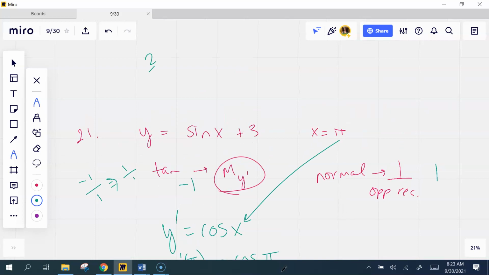Okay, so if I had 2/3, the negative reciprocal to that would be -3 over 2. No, this is just slope right now.